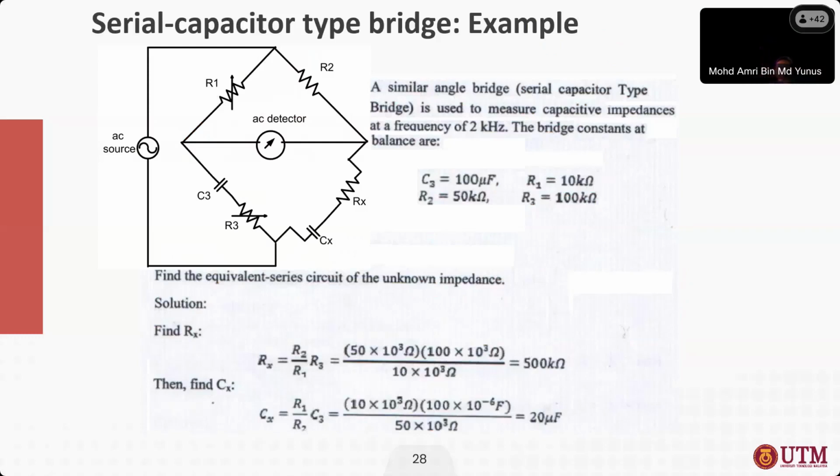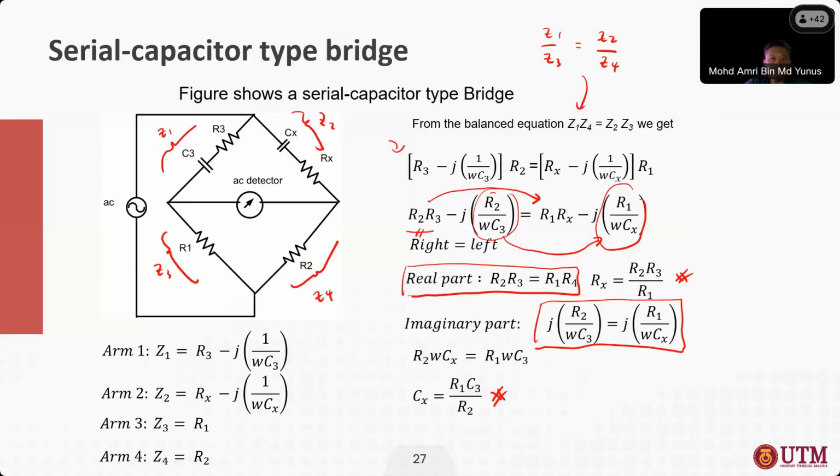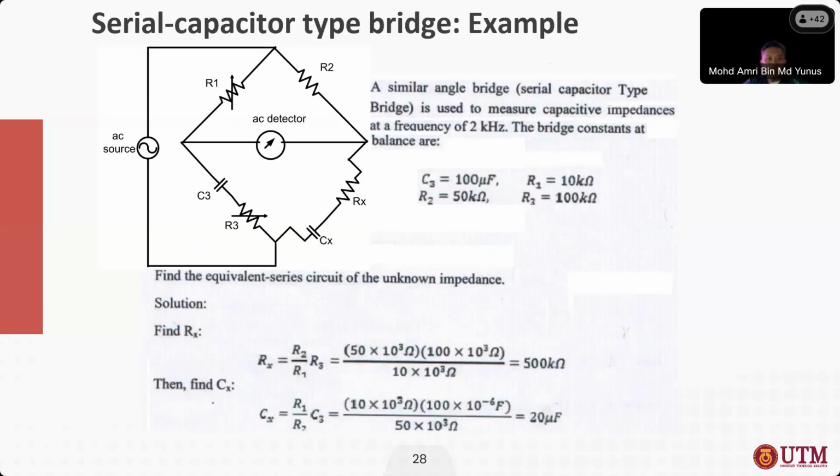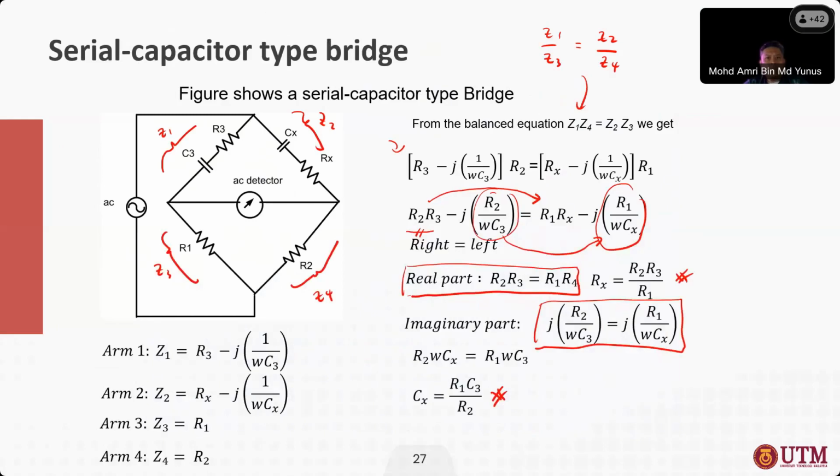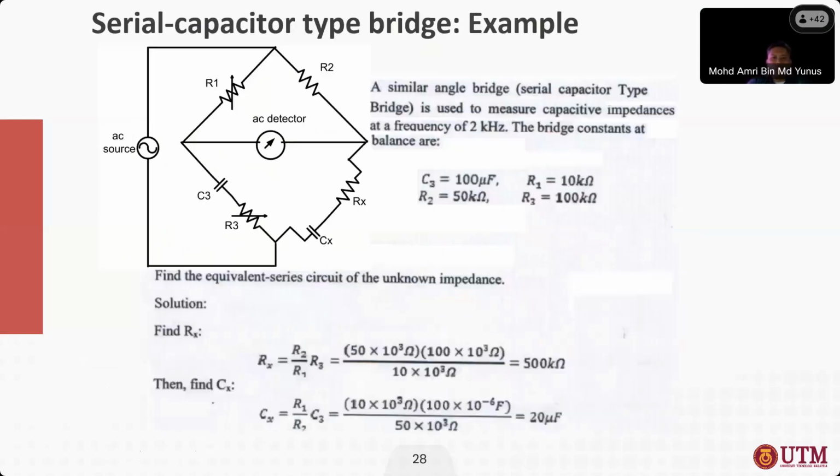Okay, so if you look here, this is actually the series capacitor type bridge, but the unknown Rx and Cx are on the lower part of the bridge.